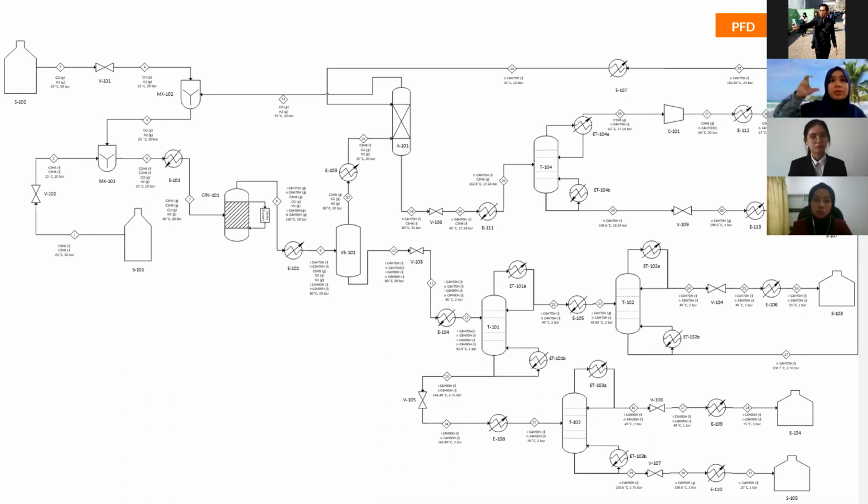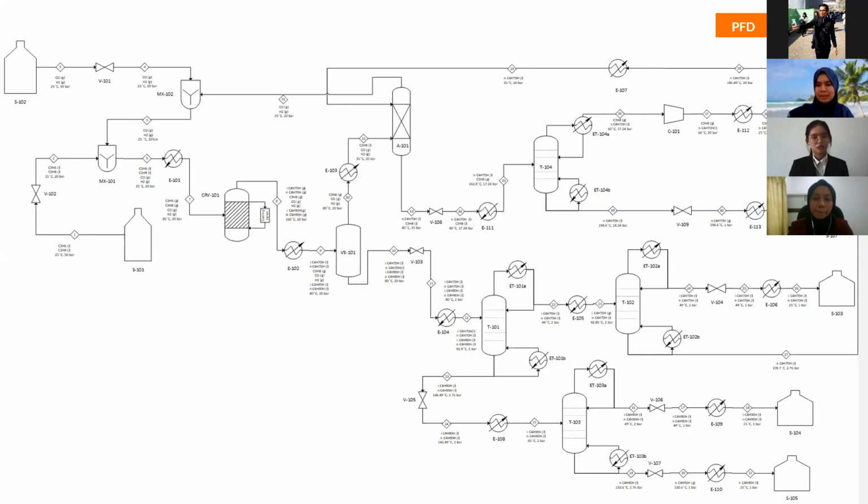Now you have an extraction column and a distillation column. Doesn't having that equipment add more cost to your production? Okay, we will check back the cost of the absorption tower and the distillation column tower.